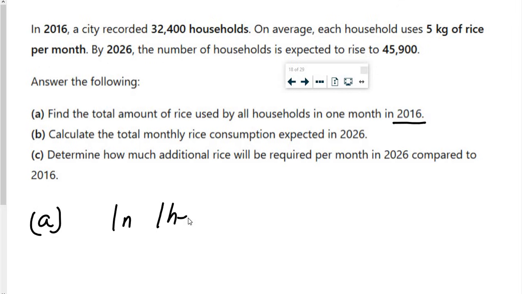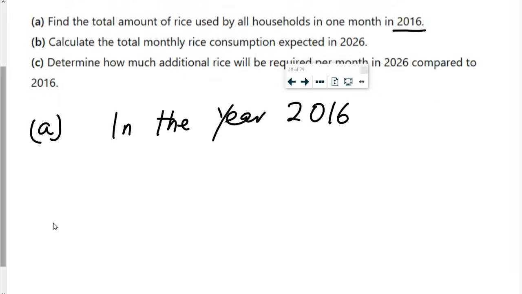So, in the year 2016, the total amount of rice used by all households will be as follows. The total number of households is 32,400, and on average, each household uses 5 kg. So for all these households, you need to take 32,400 into 5.